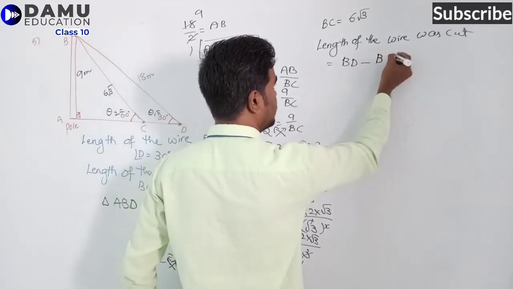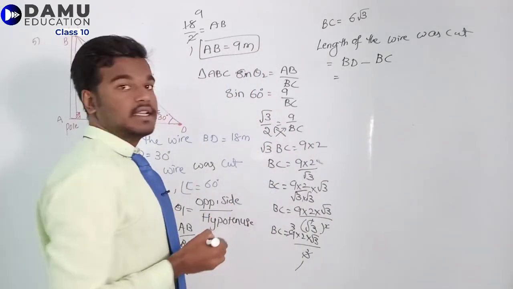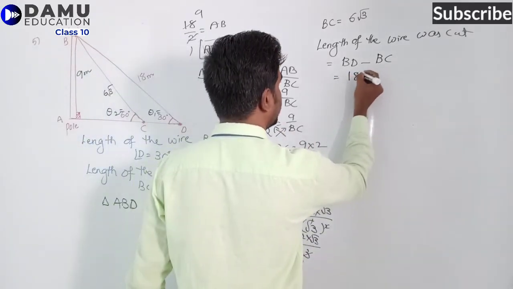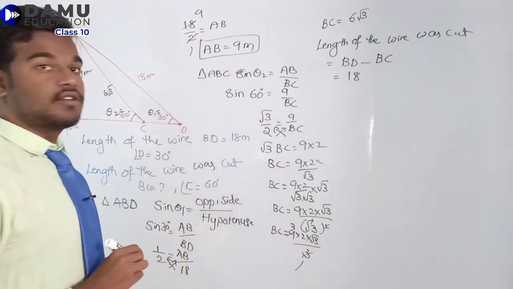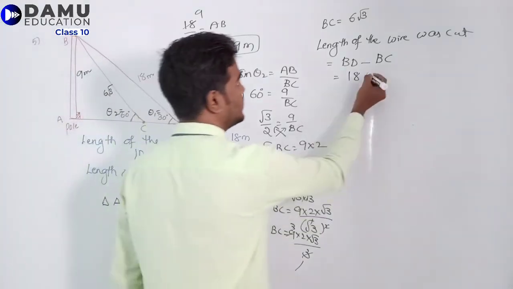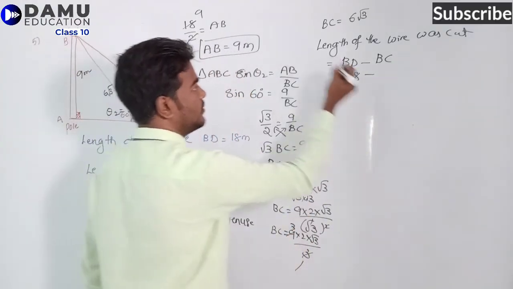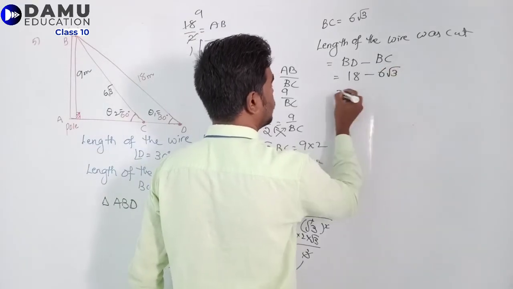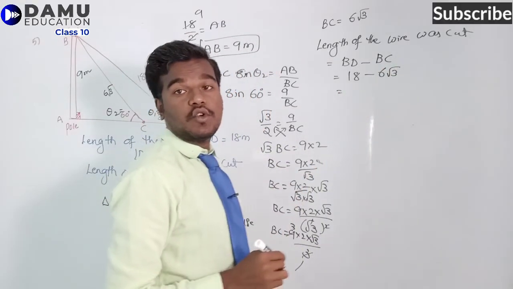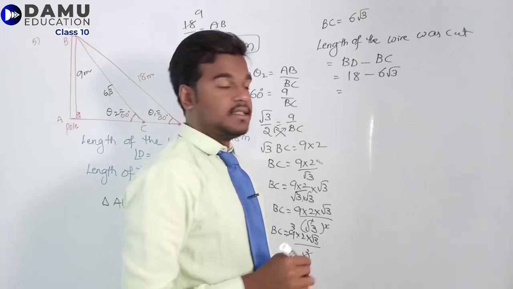BD is 18 meters, and BC is 6 root 3. So we get 18 minus 6 root 3.